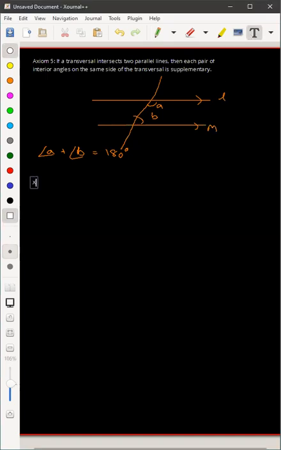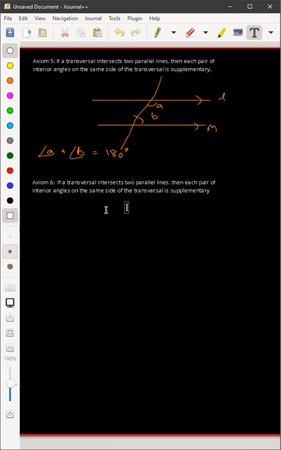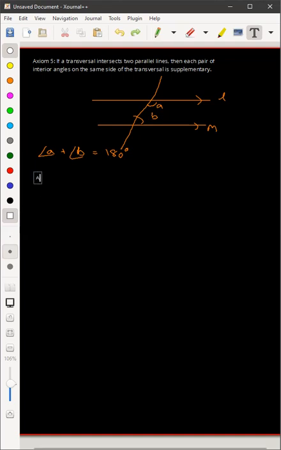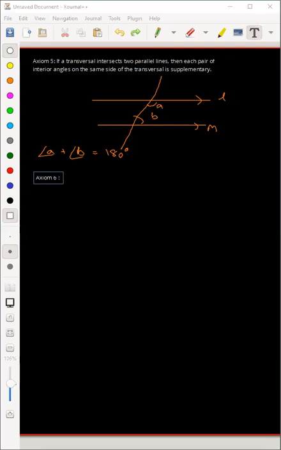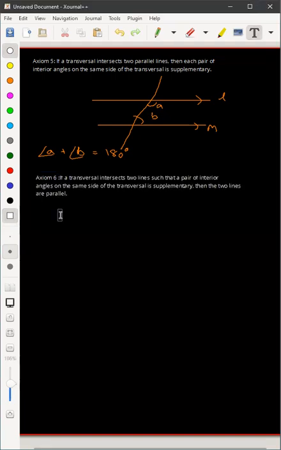Similarly, we can say axiom 6. If a transversal intersects two lines such that a pair of interior angles on the same side of the transversal are supplementary, then the two lines are parallel.